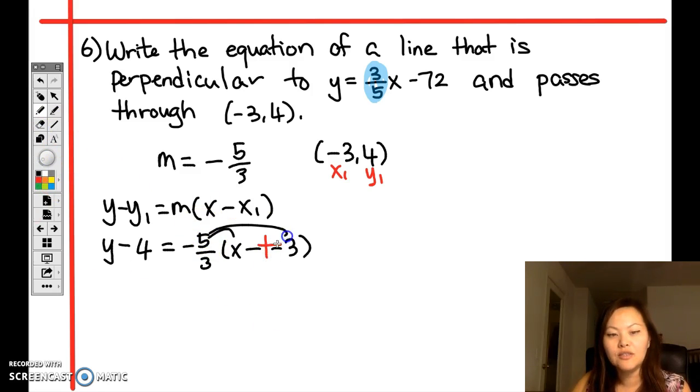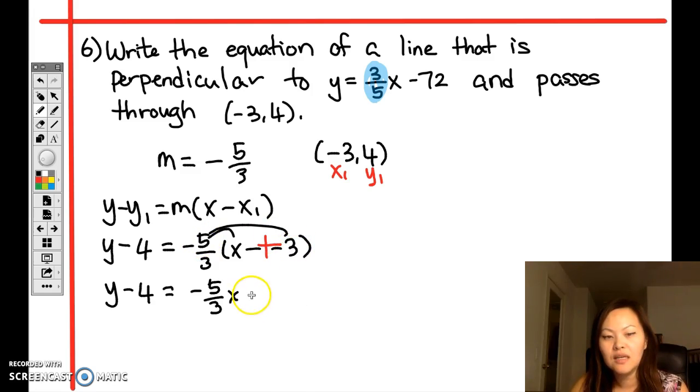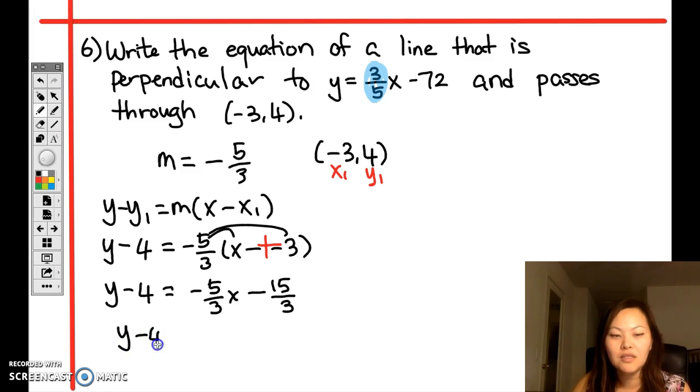And then now we got to distribute. So y minus 4 equals negative 5 over 3x. And then when you multiply the whole number to the top. So negative 5 times positive 3 is negative 15 over 3. And we know negative 15 over 3 is what? Negative 5, right? So y minus 4 equals negative 5 over 3x minus 5.